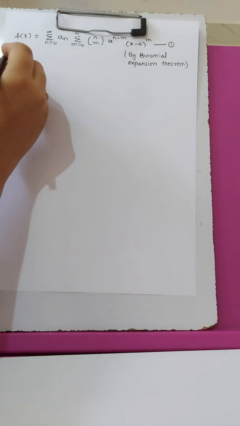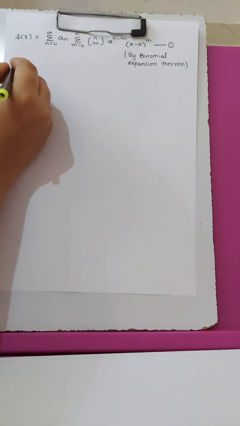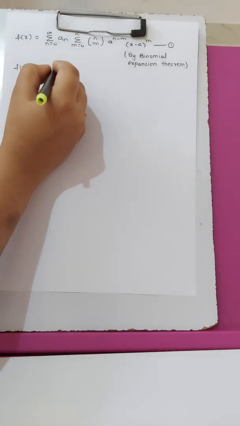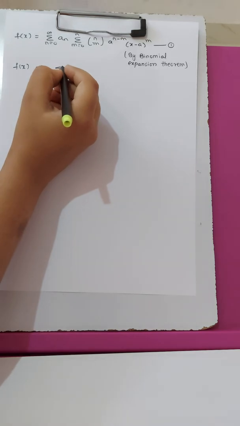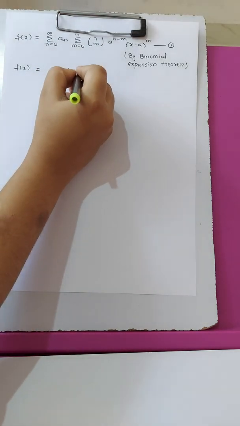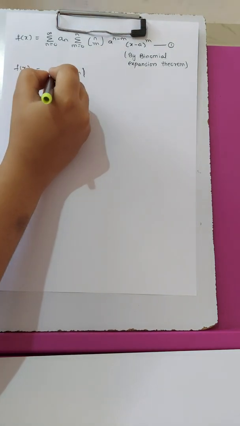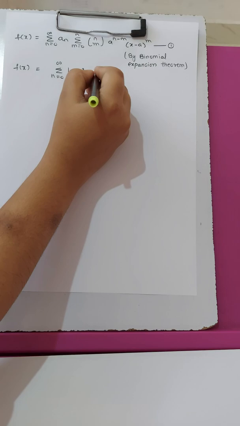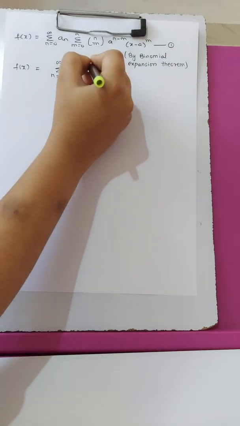by their modulo. So we get f of x equals to summation of mod of a n, summation n from 0 to infinity mod a n, summation m from 0 to n.